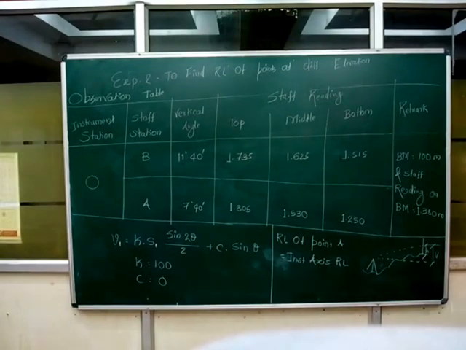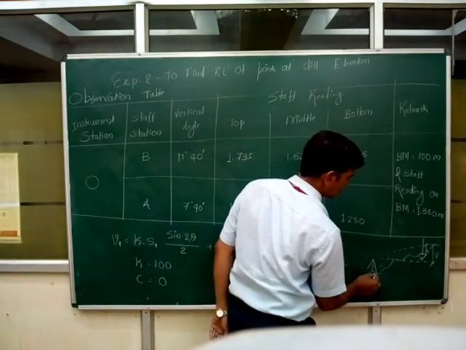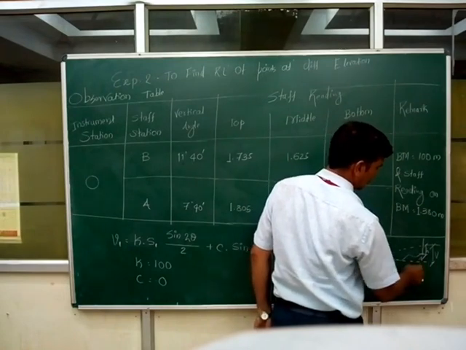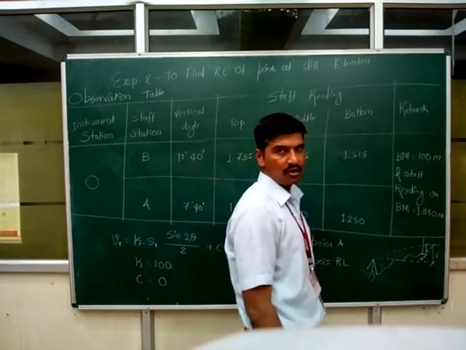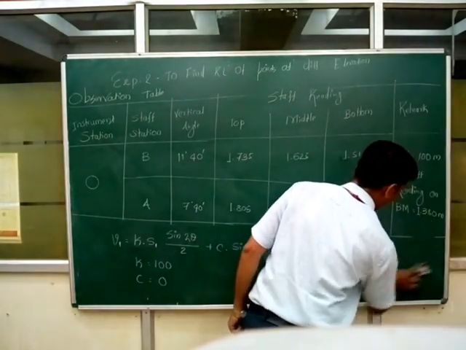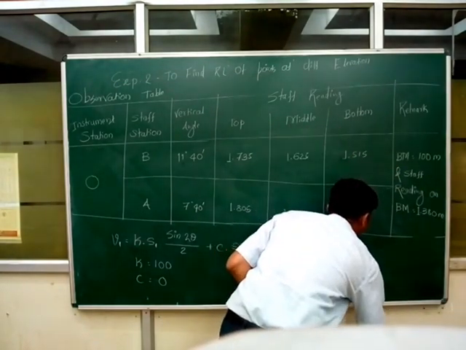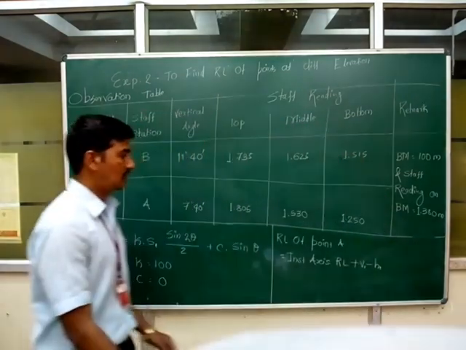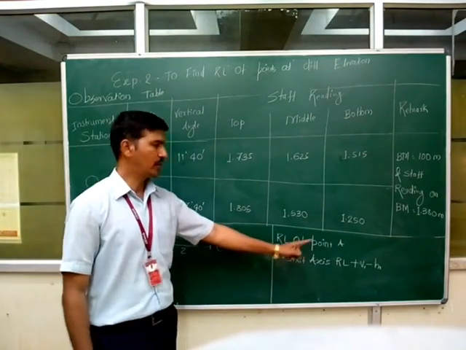To find out the RL of point A, this is your point A, this is your instrument station O. Instrument axis RL plus V minus H, you will get the RL of point A. So by using this formula, we can find out the RL of point A.